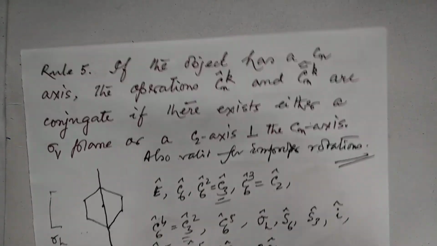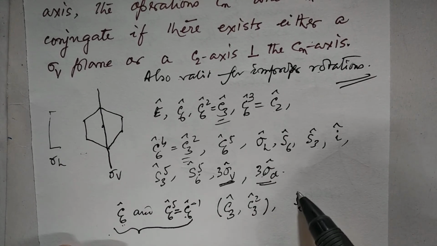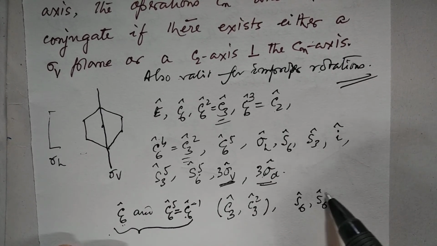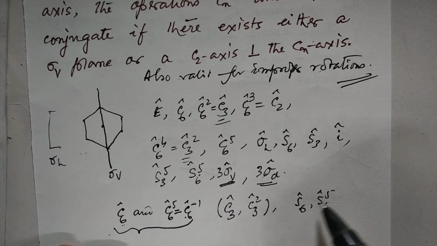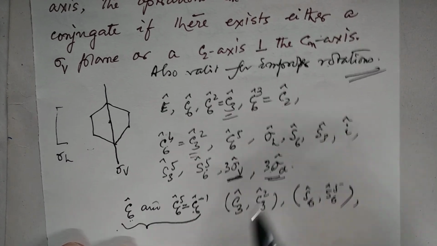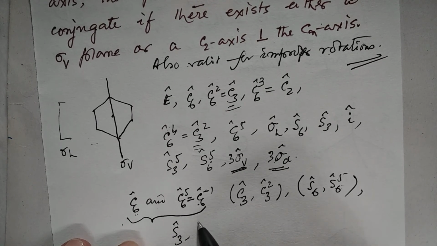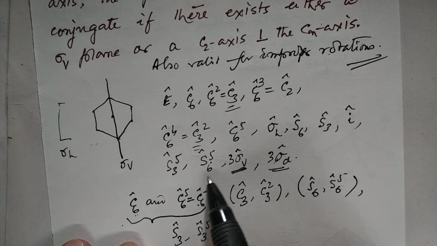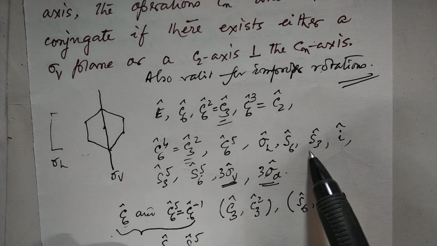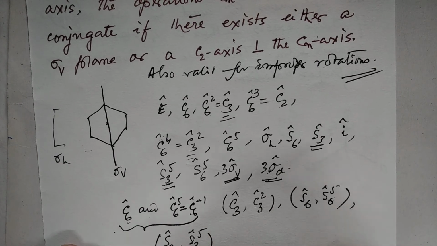Therefore we can say that S6 and S6 to the power 5, which are inverses of one another, will form a conjugate class. Similarly, S3 and S3 to the power 5 will form a conjugate class.